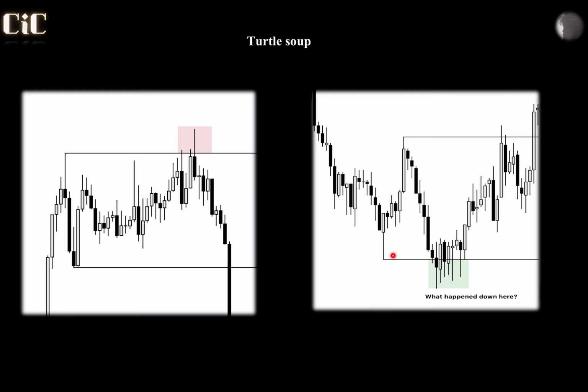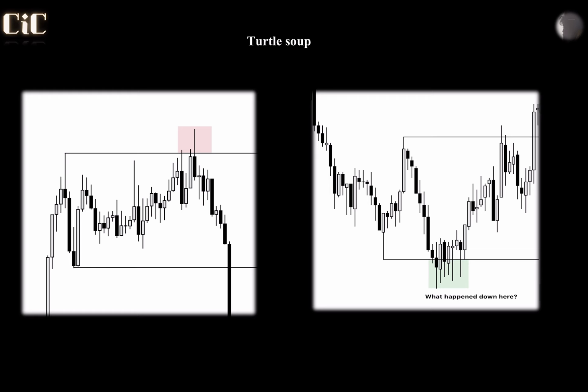Below the old low. They push price down into the old low, stopping out everyone who was long, right? Adding new short positions in the market, and then using that fuel to push higher and make some money.